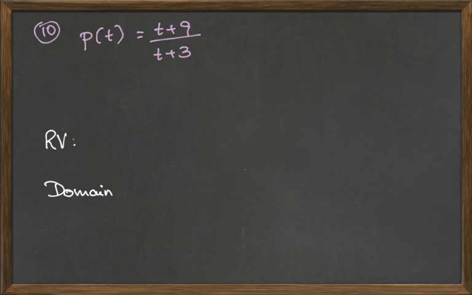Okay, next problem. Number 10. P of t equals t plus 9 over t plus 3. What is the RV? What is the domain? You do it. Other than Luke, he's done enough domain this evening.